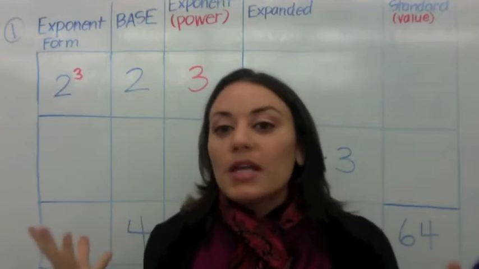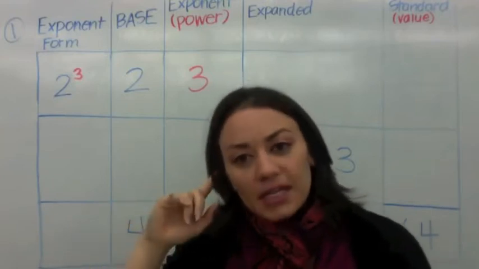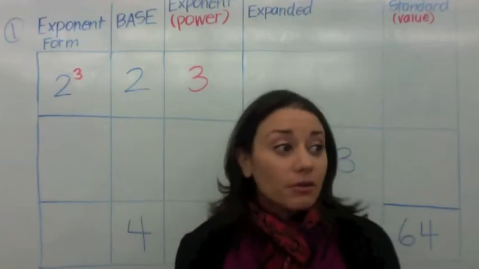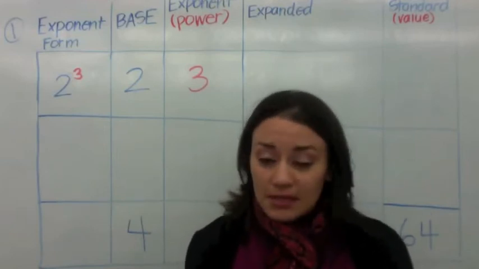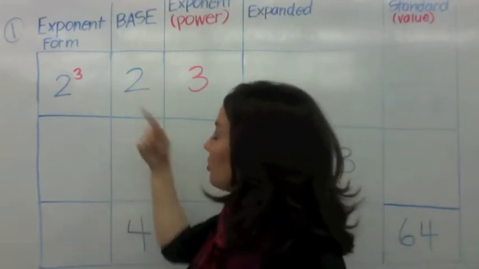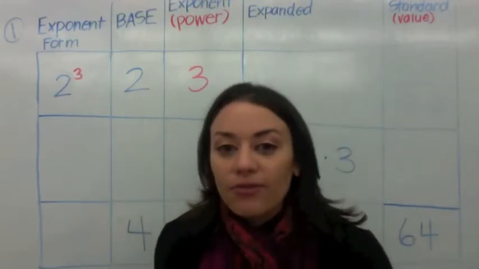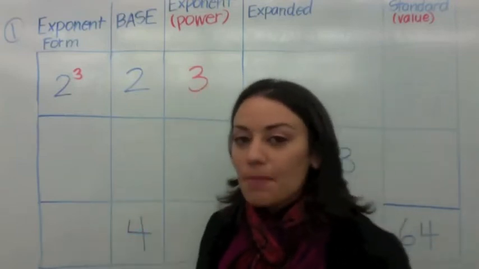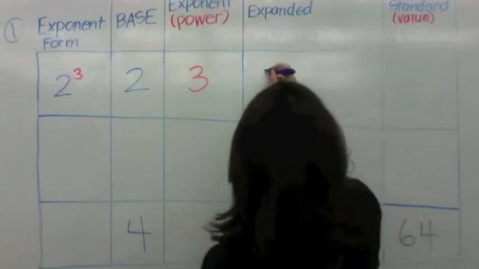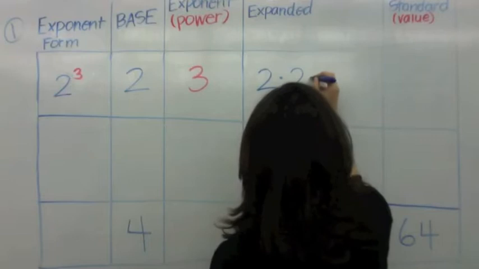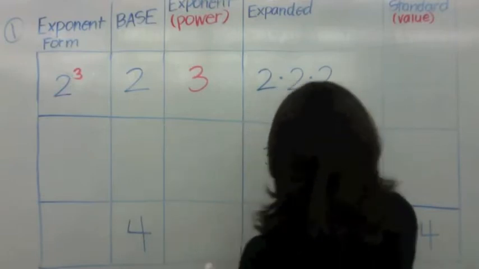Okay, so what is 2 cubed? Does it mean that you should do 2 times 3? Is that what it means? Because that's what a lot of you do. That is not what that means. It means that you're going to multiply the base, which is 2, by itself how many times? 3 times. So that means when you put it in expanded form, you're going to get 2 times 2 times 2.